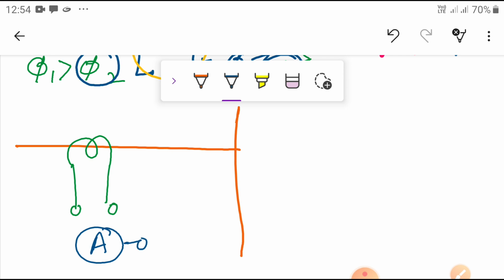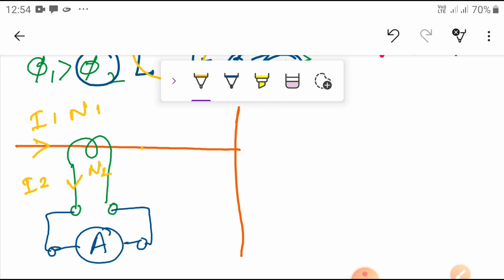The ammeter terminals are connected with this one. Now, what happens here? You can see the current is I1 and the number of turns is N1, simple, and the current in this case is I2, with number of turns N2.